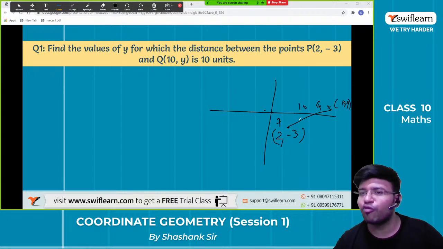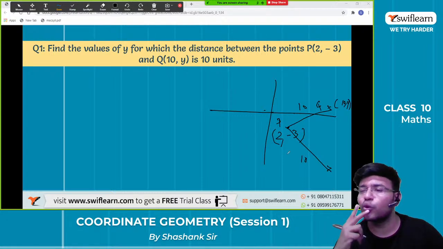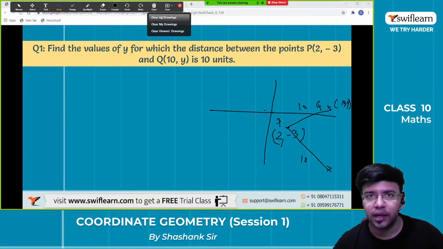Now again I have told you there will be two such points at distance 10 units from point P. So we are going to get how many points? We are going to get 2 points, and we are going to get two sets of coordinates. Understood, Santosh? Okay, let us begin.